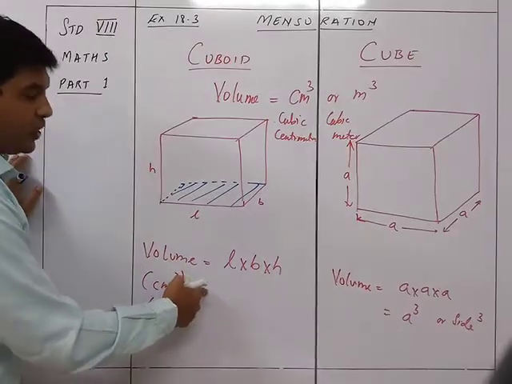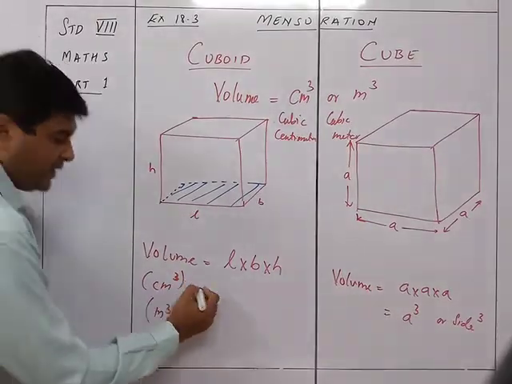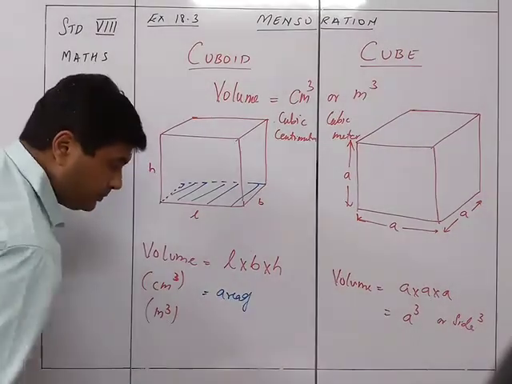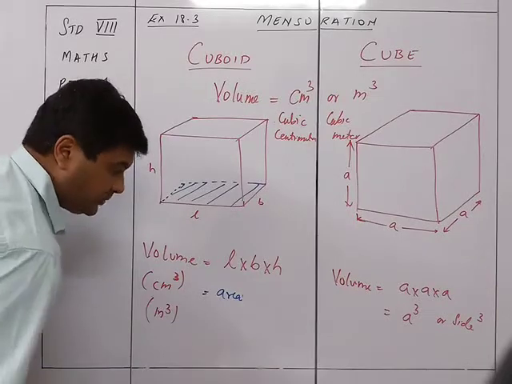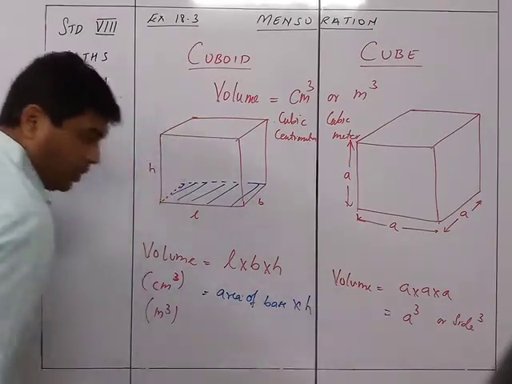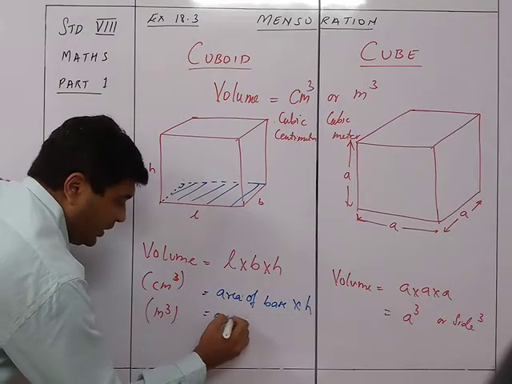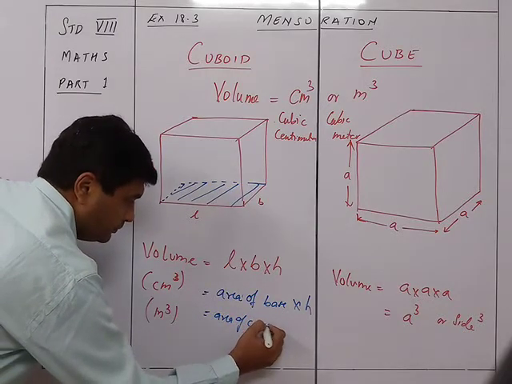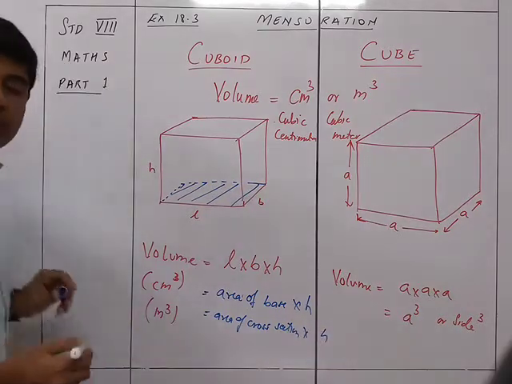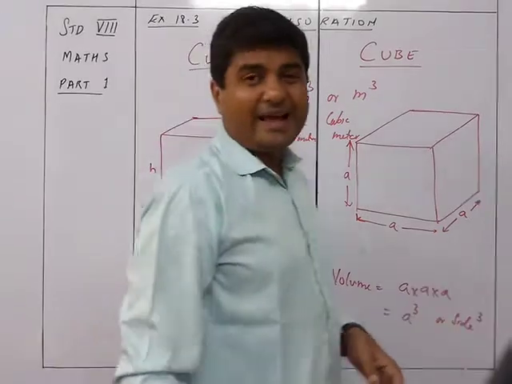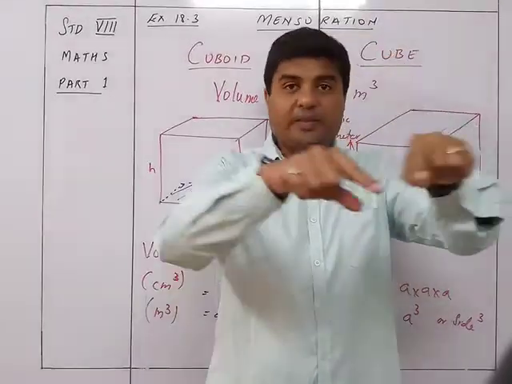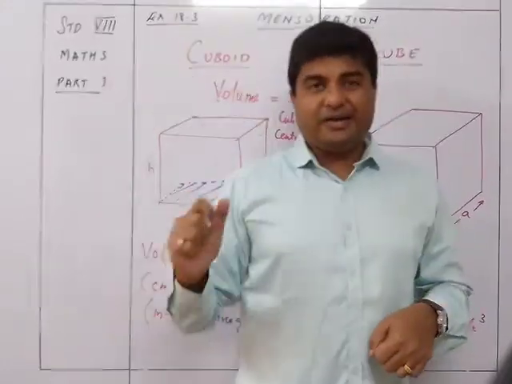So we can also say volume is equal to area of base into height, or area of cross section into height. Like if it is a tank and the tank has a square base, then the area of cross section will be the area of the square into the height of the tank.